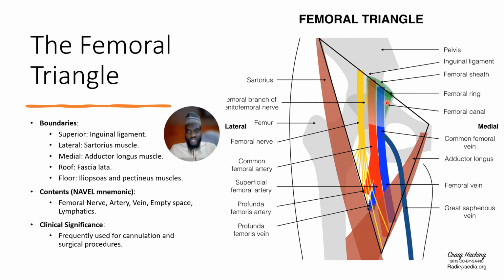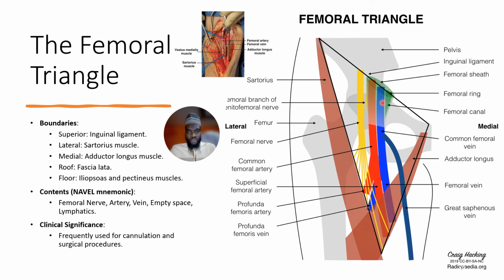It helps to provide protection to these vessels, and it allows for smooth movement of these vessels as they pass through the femoral triangle. So with this, we appreciate that the femoral sheath helps to provide protection, and it contains the femoral artery, femoral vein, and femoral canal.